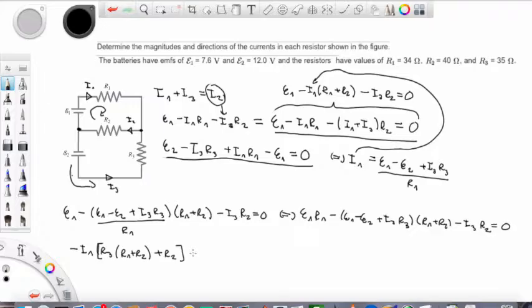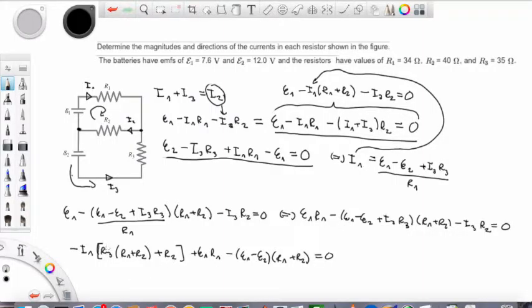Here we have plus E1 R1, and then these guys are multiplying that, so negative E1 minus E2 times R1 plus R2. This equals 0.